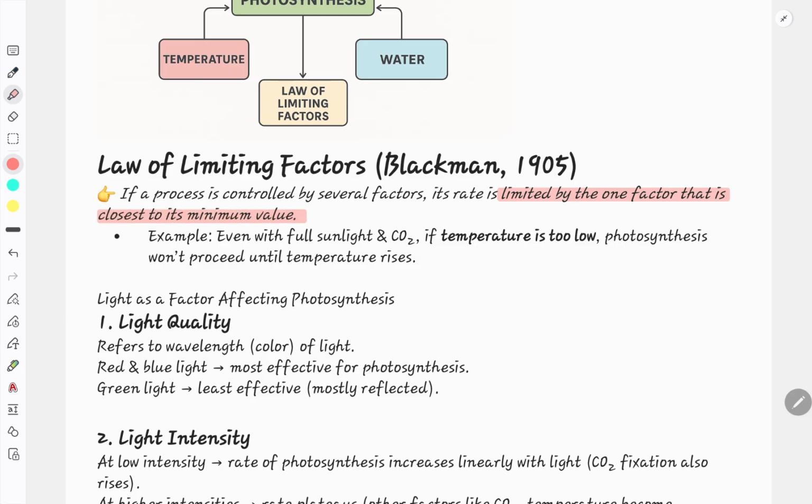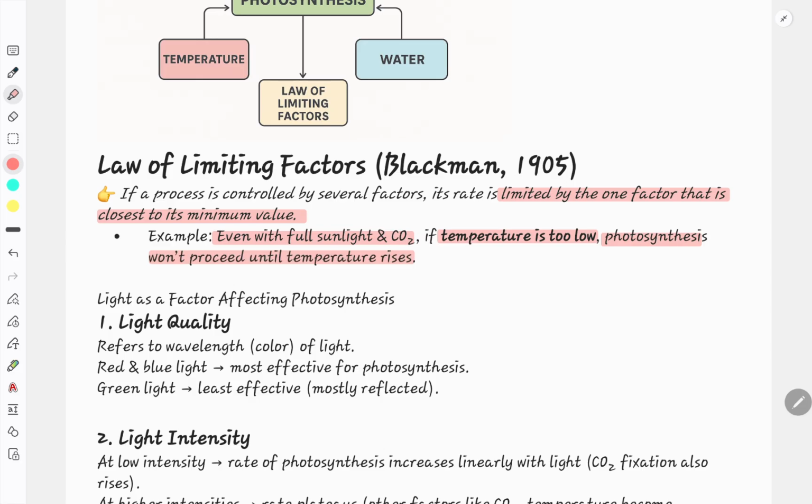What do you mean by that? Let's understand this by an example. Even with full sunlight and CO2, if the temperature is too low, photosynthesis won't proceed until the temperature rises.